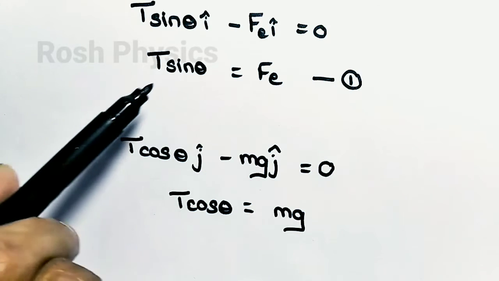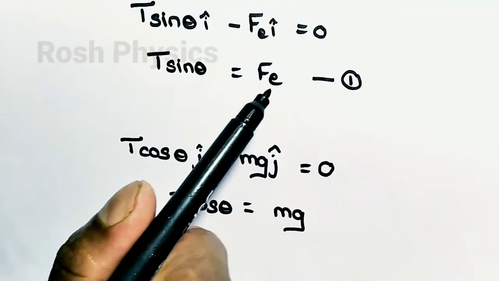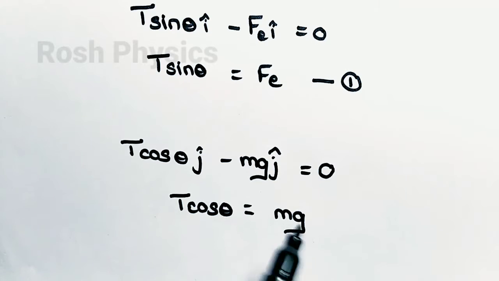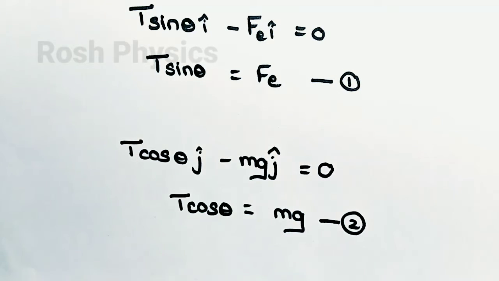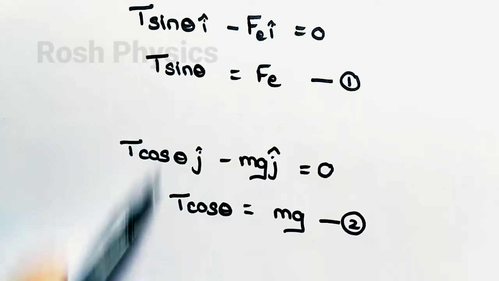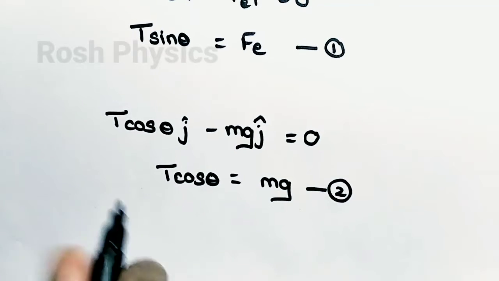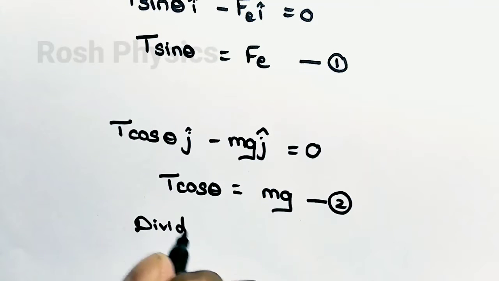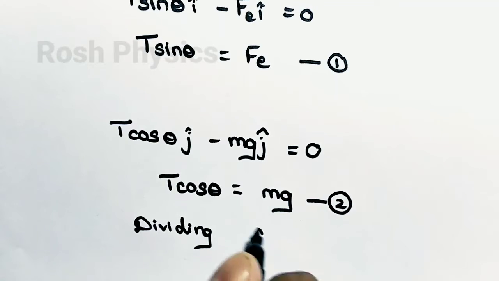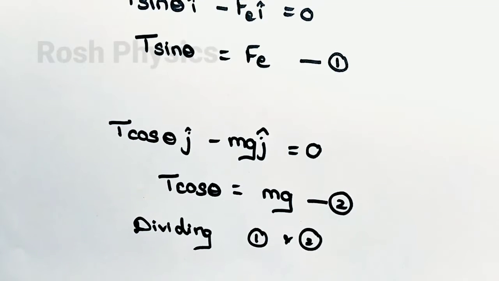So listen here. Now T sin theta is equal to Fe and T cos theta is equal to mg, that is the second equation. Fe is the electrostatic force and mg is the force acting on the charged sphere. Now I have to divide those two equations, dividing the first equation by the second equation.